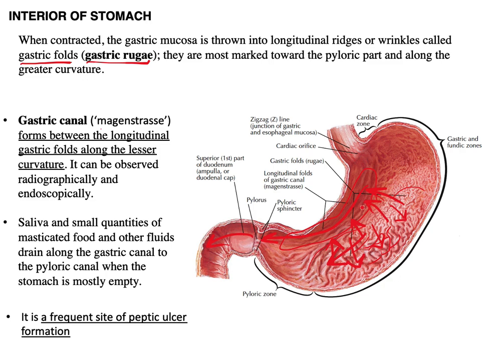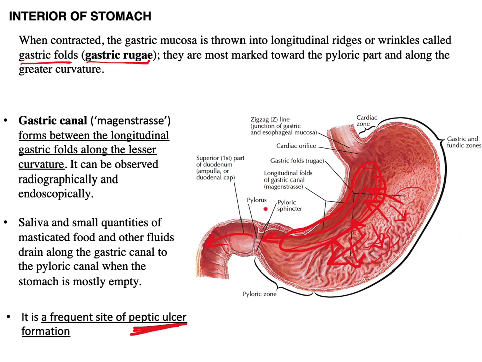So the saliva and a small quantity of masticated food and other fluid drain along the gastric canal to the pyloric canal when the stomach is mostly empty, right? So indeed, the gastric canal is the common or frequent site for the peptic ulcer, right?